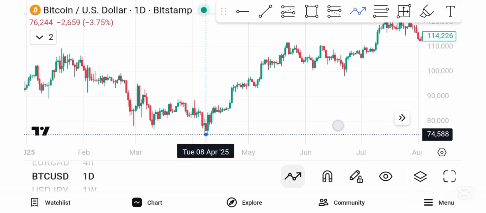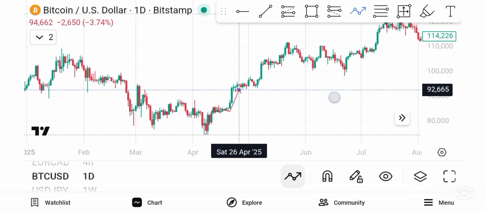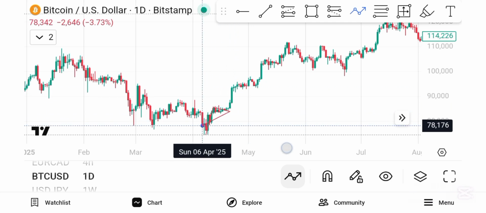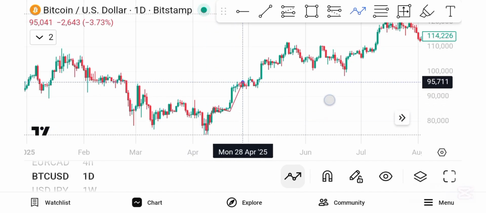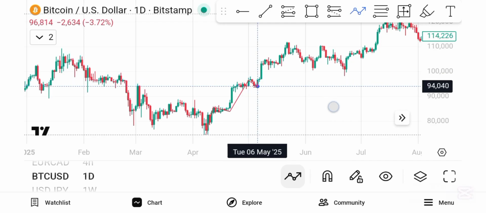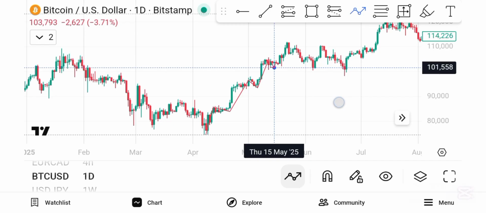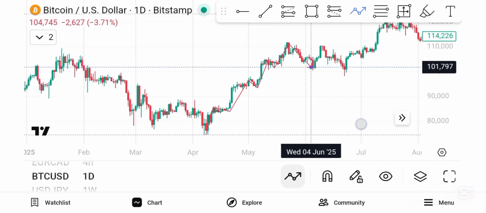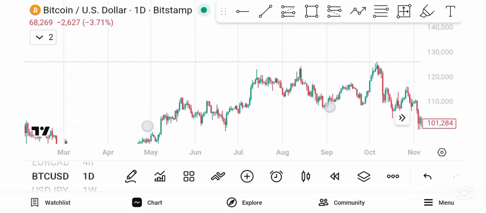From here you can see lower high, lower low, then you can see higher high here, higher low, higher high here, higher low here, higher high here, your higher low here, higher high, higher low. This is an uptrend.